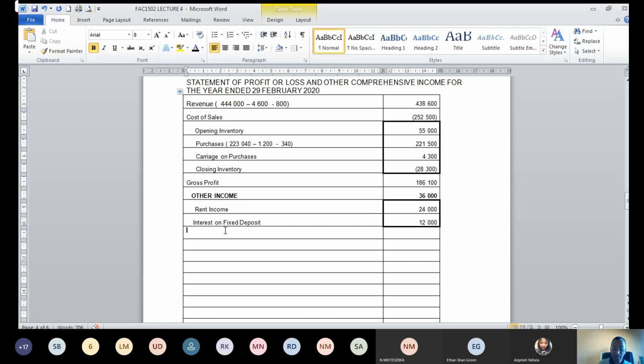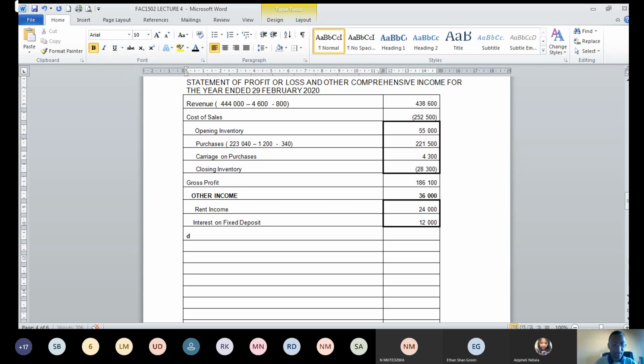Our next heading is called Distribution, Administrative and Other Expenses.